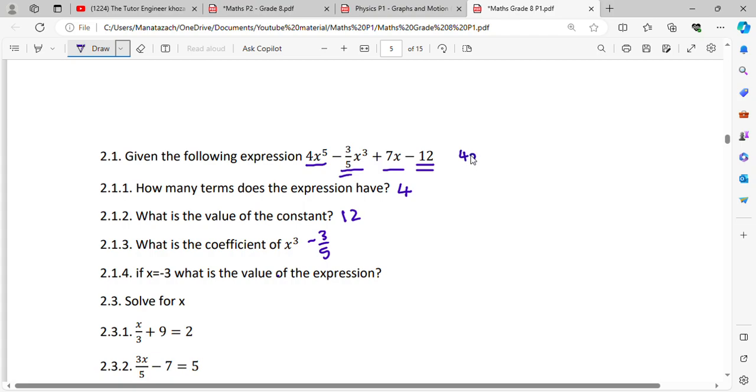We have 4x to the power 5 minus 3 over 5 x cubed plus 7x minus 12. Remember, x is minus 3. To evaluate, wherever there is x, you're going to put minus 3.